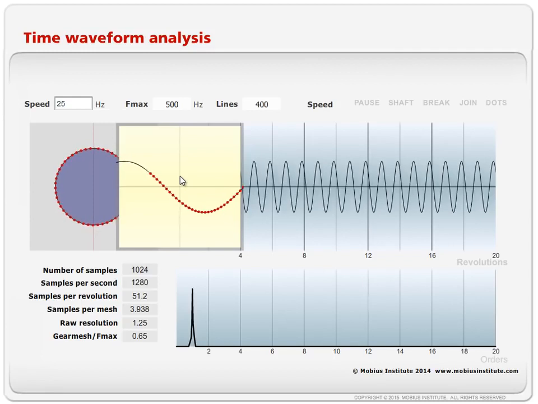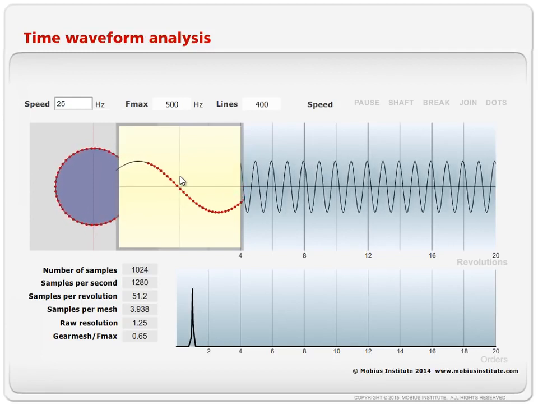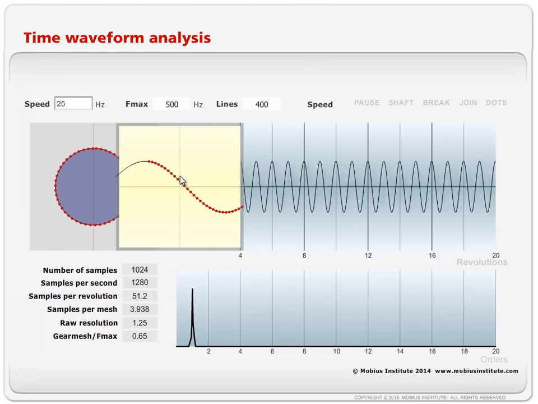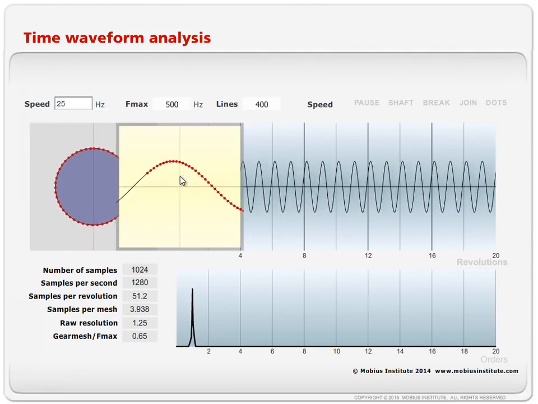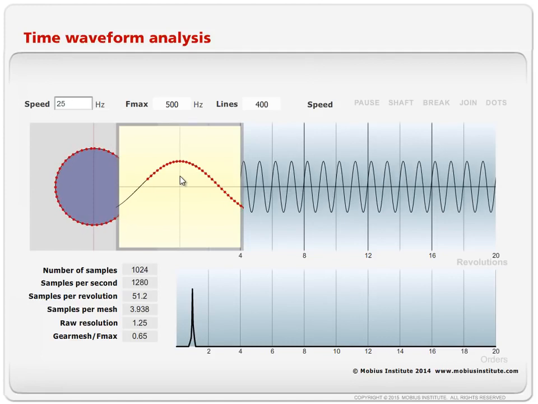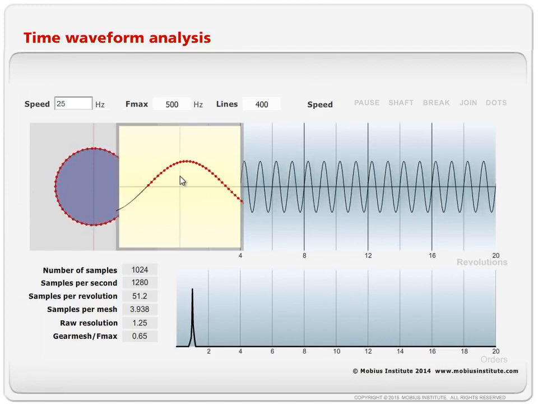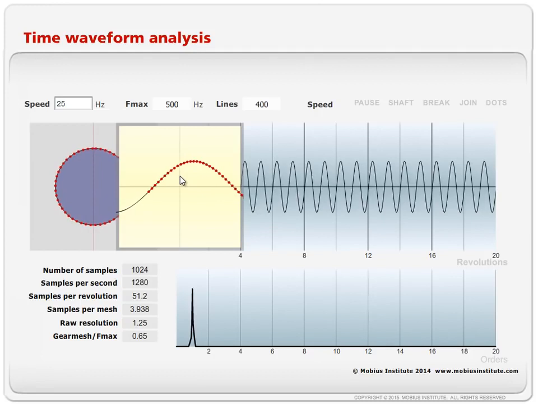And that's what those red dots represent. The red dots represent each time that it converted the analog to digital. It might sound very technical, but it's pretty simple really. And you can see in this case that all those little red dots follow exactly along the black line, which is, let's call it the analog signal, the actual vibration that we're measuring.